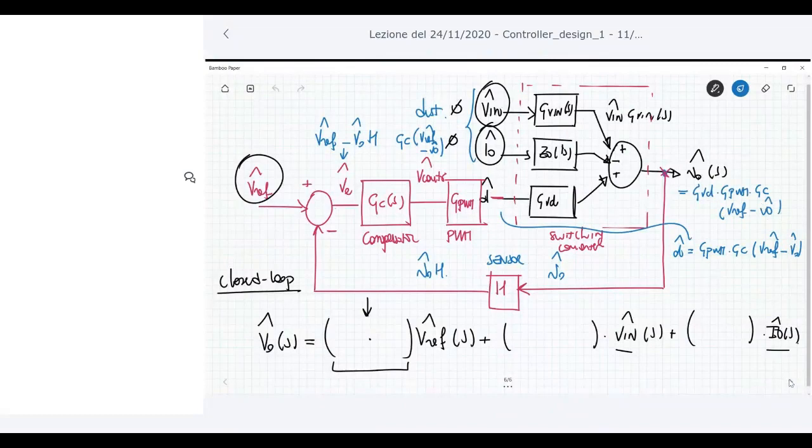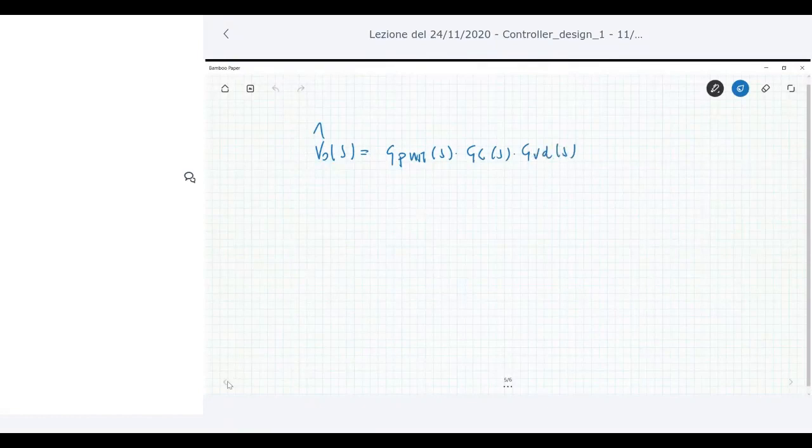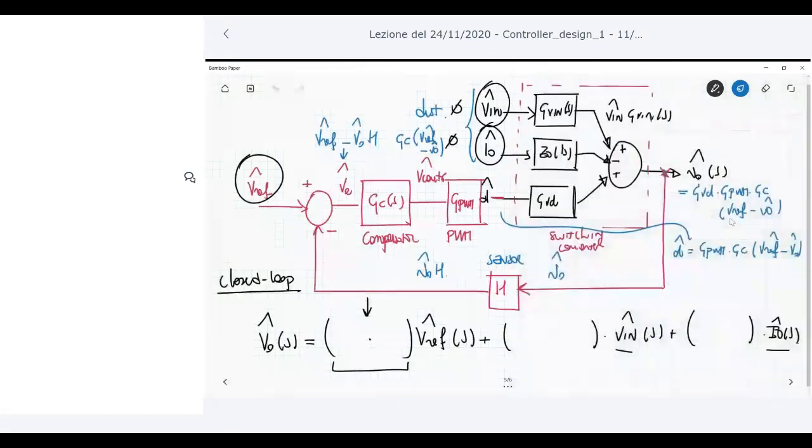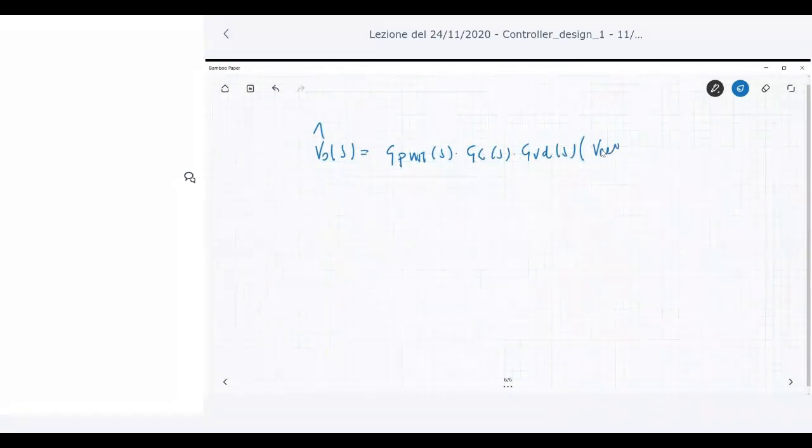So you have that Vo(s) is equal to GPWM(s) GC(s) GVD(s) times Vref minus Vo.